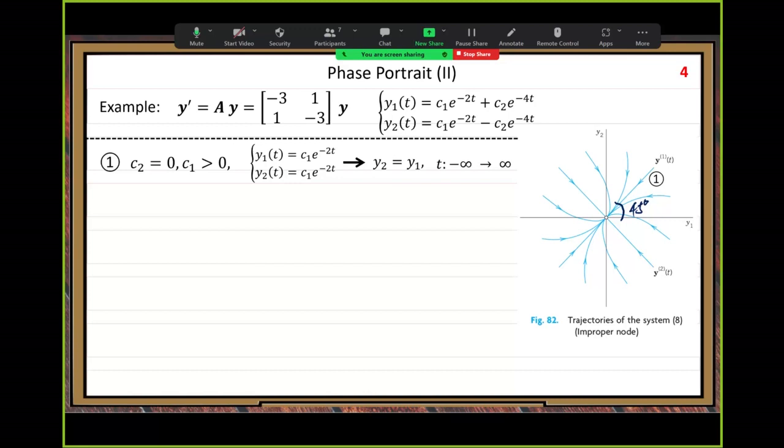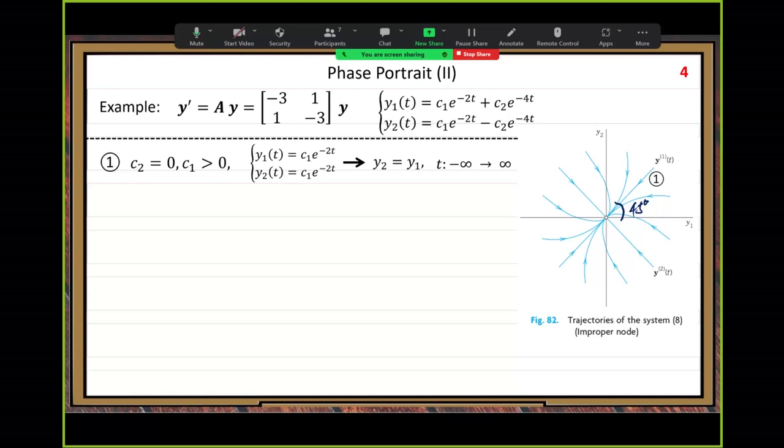We change our hidden parameter on this graph from negative infinity to positive infinity. So we need to go back to the parametric curve. From negative infinity, look at the y1 value. Remember, C1 is a positive number. A positive number times e to the t, when t is negative infinity, is positive infinity, right?